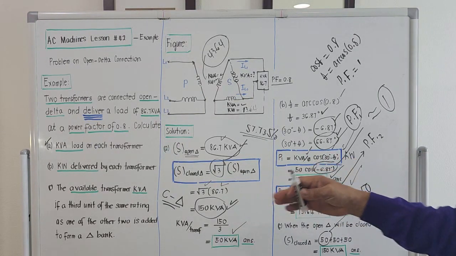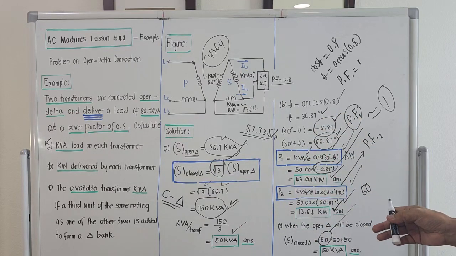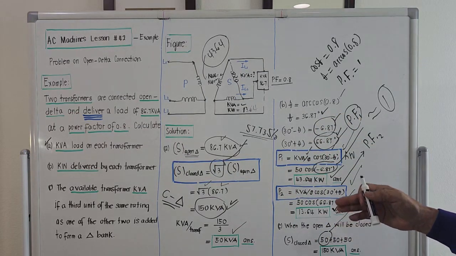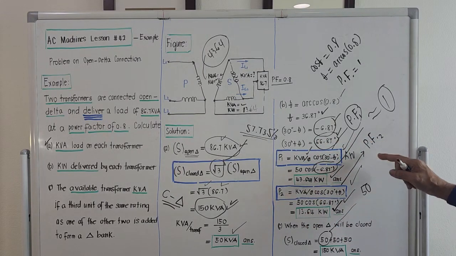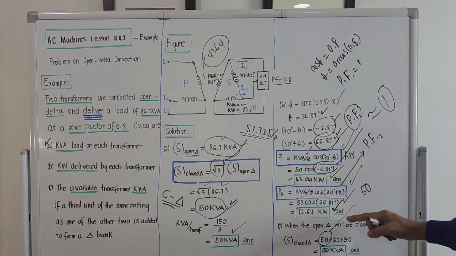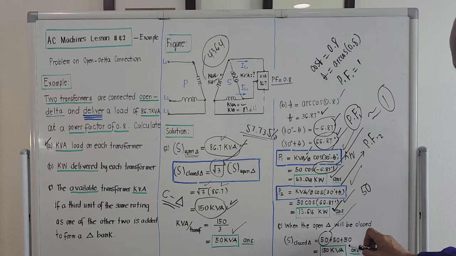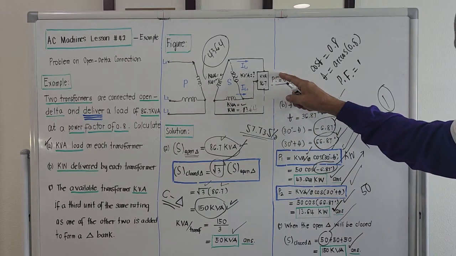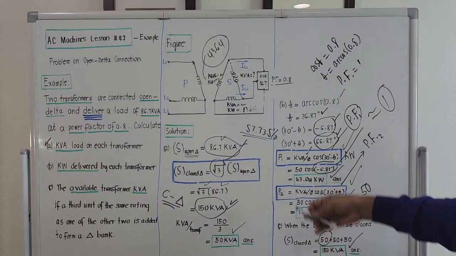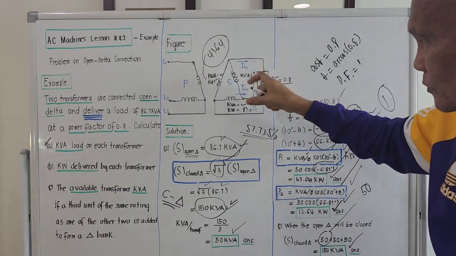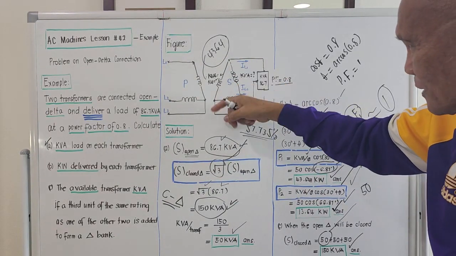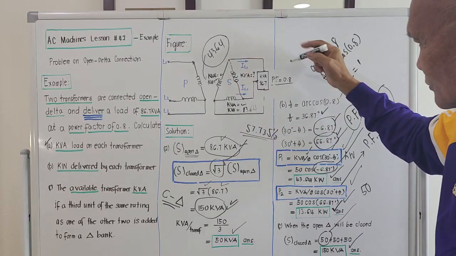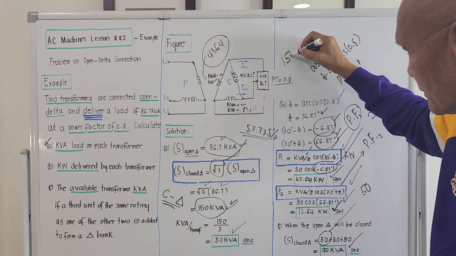So if we now close the open delta to a closed delta, the total apparent power that could be delivered by the three transformers will be 50 times 3, or simply 50 plus 50 plus 50, or 150 kVA. It's greater than the 86.7 because it's a closed delta now. It's a complete delta. So if we close the original open delta, the total power that could be delivered will be 150 kVA.